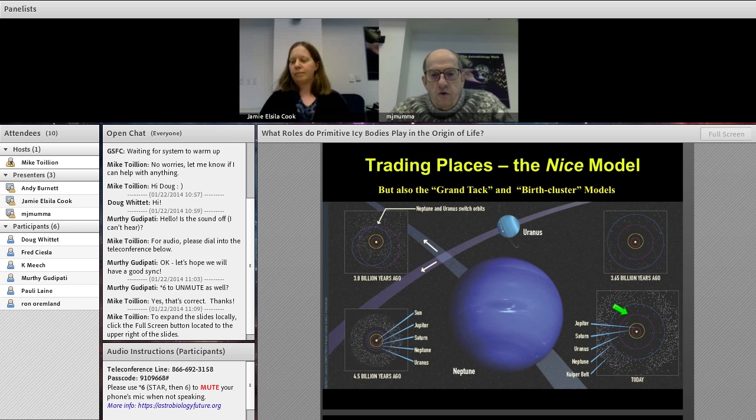Then, as Jupiter and Saturn migrated to their 2 to 1 mean-motion resonance by ejection of planetesimals in their feeding zones, they basically caused a destabilization of the disk at around 3.8 billion years ago, in which Neptune and Uranus now switch places, and the outer disk is destabilized, so is the inner asteroid belt. And both of these classes of bodies then are flung through the solar system, with the icy bodies going primarily into forming the Kuiper disk or out to the Oort cloud.